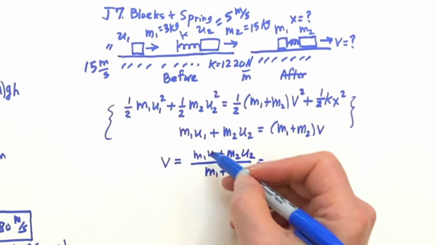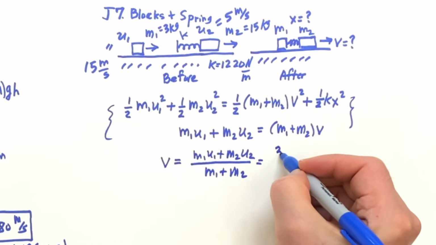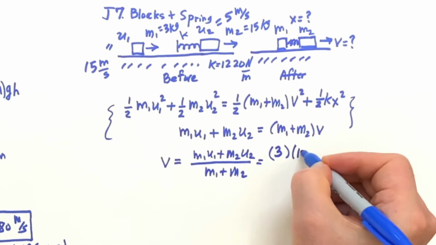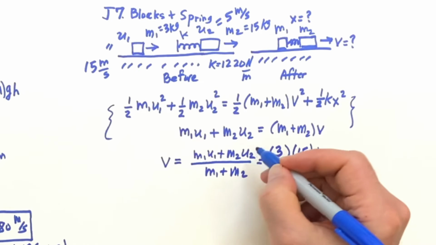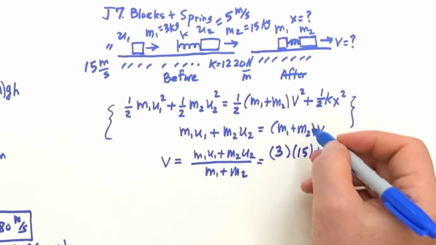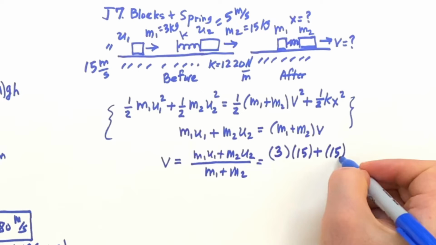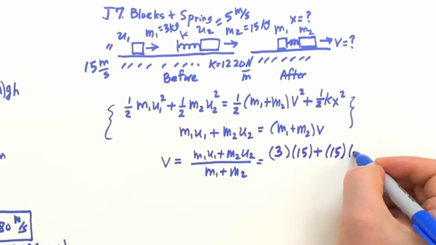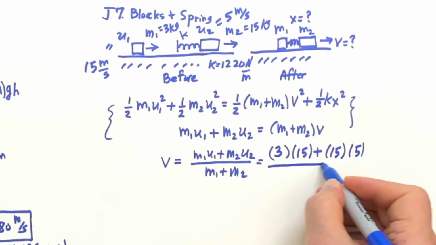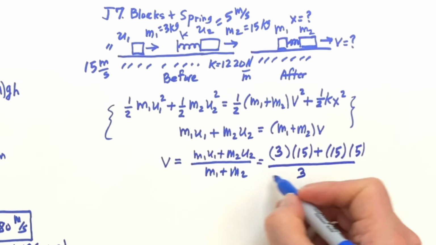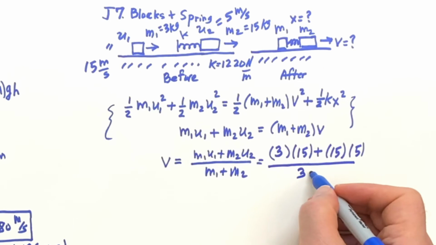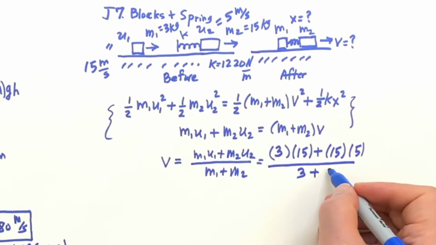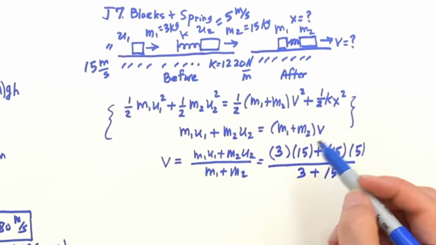And putting these numbers in, m1 is 3 kilograms, so there's 3. u1 is 15 meters per second, 15. m2 is 15 kilograms. And u2 is 5 meters per second. Then we're going to add m1, 3 kilograms, plus m2, which is the 15 kilograms.